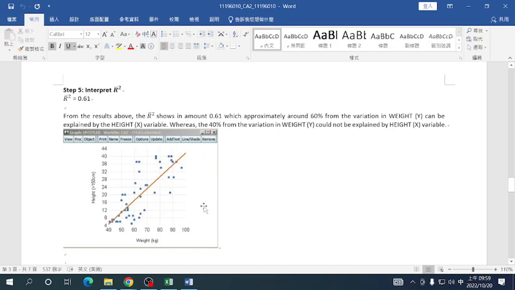So from the result above, the R square shows 0.61, which means approximately 60% of the variation in weight can be explained by the height variable, whereas the other 40% of the variation in weight could not be explained by the height variable.